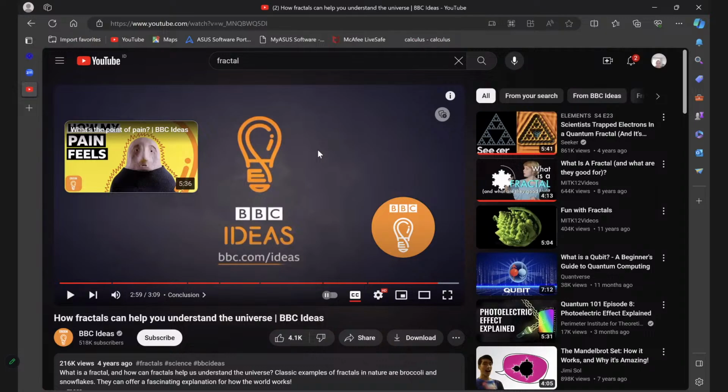Galaxies, the universe, yeah. And the equation is very simple equation, as you could see. It's just f of z is equal to z squared plus c, where z is a complex number. So for such a complex structure, the equation is so simple, yeah.